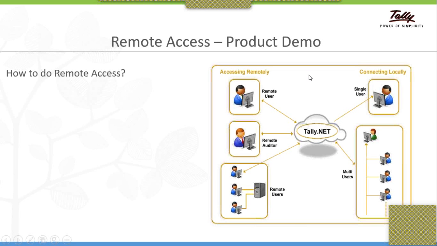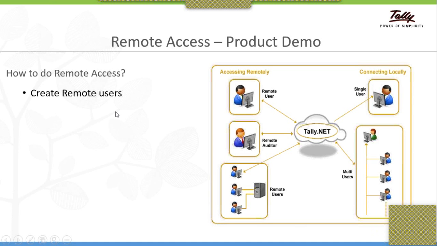As I have shown in the chart, there are multi-user and single user setups. Data goes to Tally.net, and from Tally.net the remote users and remote auditors will start accessing the data. Using Tally.net only, the data can be accessed, and without a private IP or a static IP, you can do remote access.